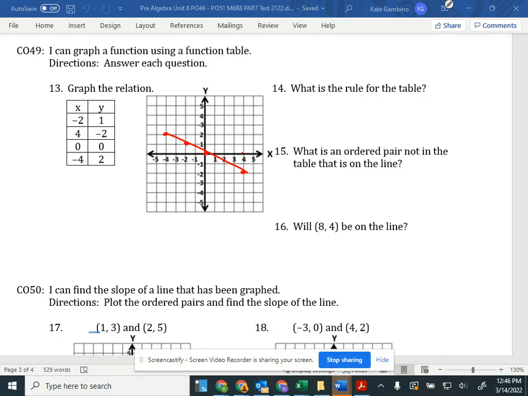Then it says, what's the rule for the table? Remember, before we took the test, I said you can move them around so they're in order so you can see your pattern. So what I did was I put them in order so I could try to find my pattern.